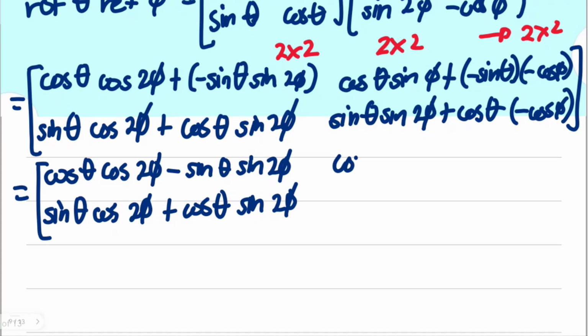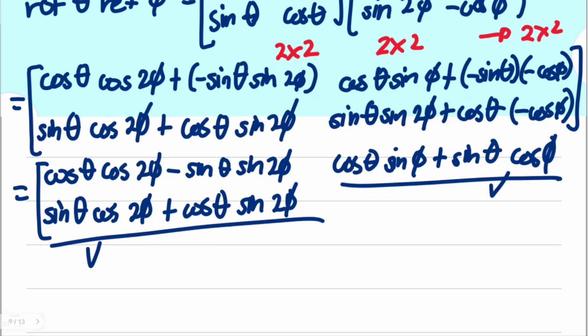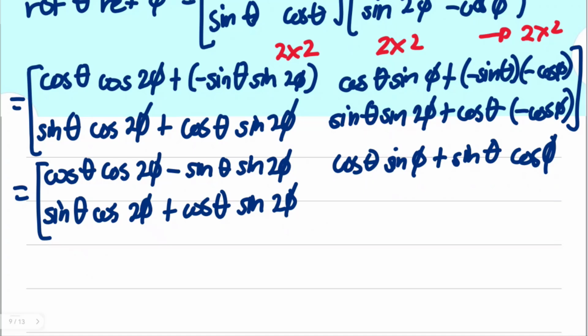You have here cosine theta sine phi plus sine theta cosine phi. Take note, this is just the same as that. It's just that the second term here is the first term there, and the first term here is the second term there. So they're just the same. Whatever the result later on using the sum and difference formulas, they will have the same result.